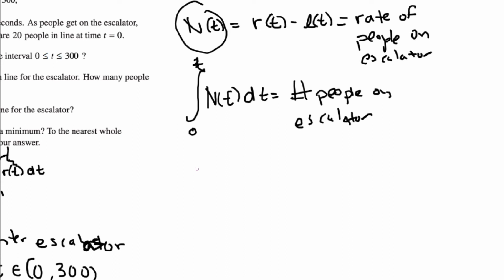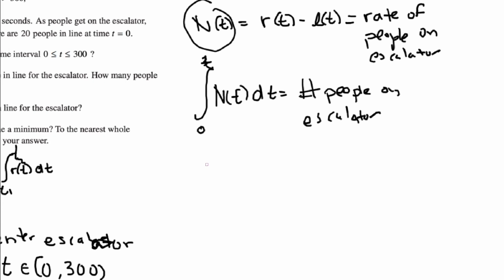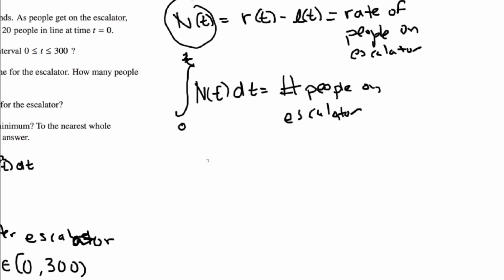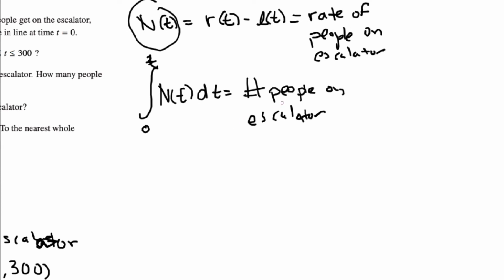Then we want to find the time when the number of people is a minimum. So basically, if this were a function, let's just call it z of t, to not be confusing. To find the minimum or max, it's pretty straightforward. We just want the derivative of z of t, d over dt. Now in this case, it's kind of interesting.